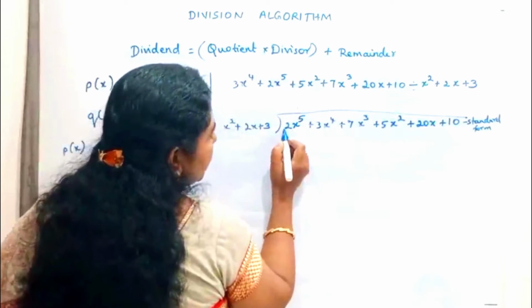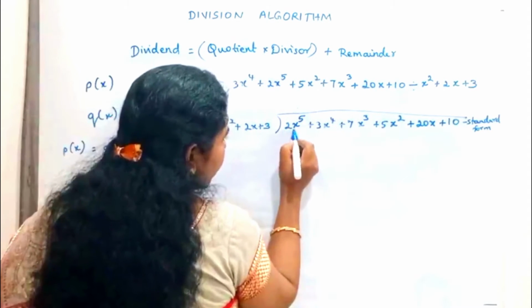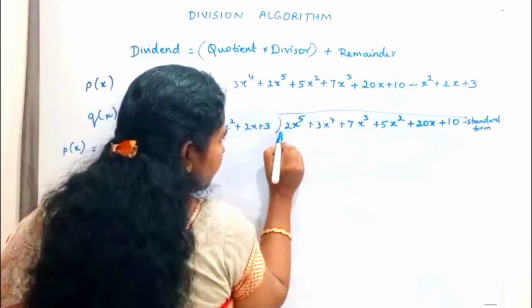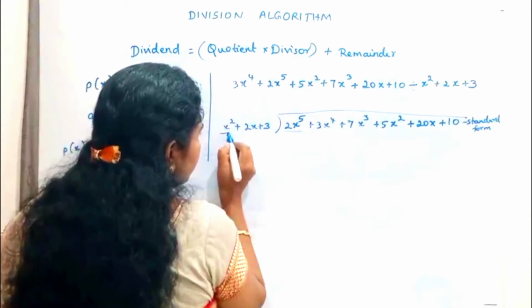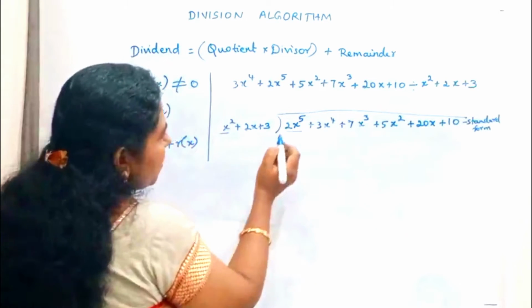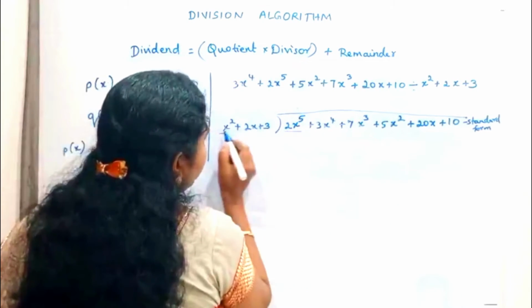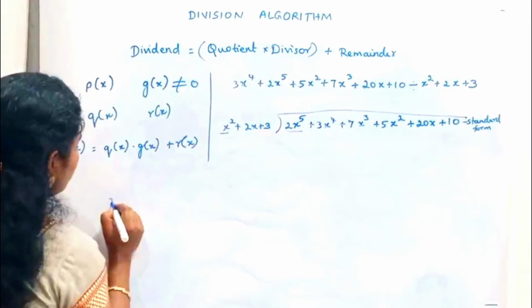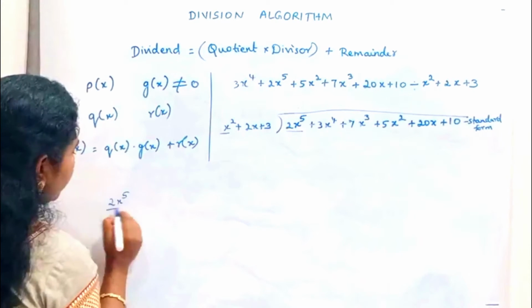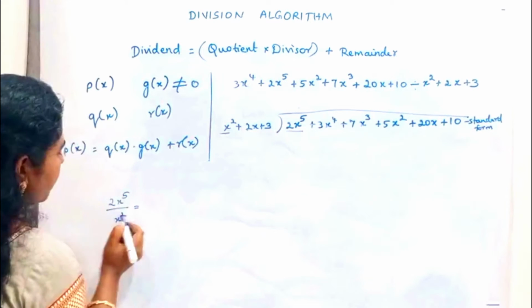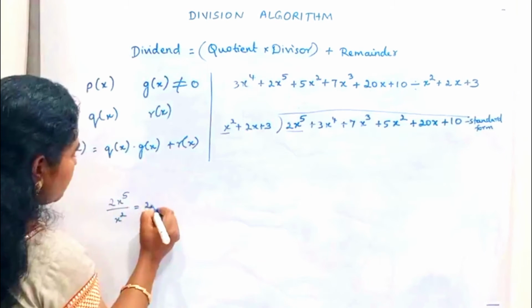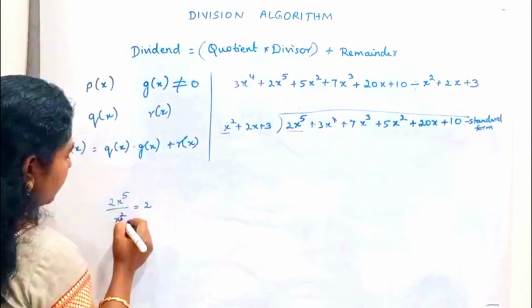Here the first term in the dividend is 2x power 5. So we have to divide the first term in the dividend by the first term in the divisor. So it becomes 2x power 5 divided by x square. This is equal to, here 2, here we are having 1, so 2 by 1 is 2, and the next x power 5 by x square.